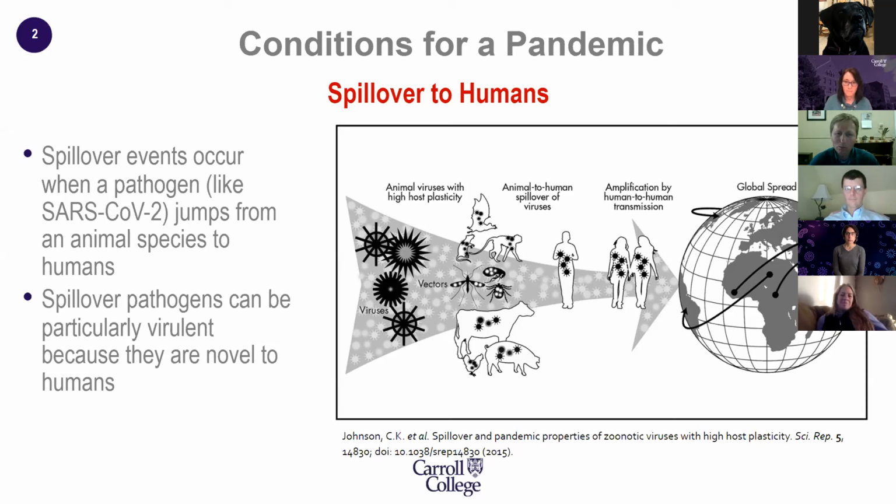A virus starts in one reservoir host animal species, jumps into another animal host, and then eventually arrives at humans. They're relatively rare events for any particular virus, and even rarer when you compound that with the virus then has to be transmissible between humans. But if that event happens, it's then just a matter of time before these events can be spread globally.